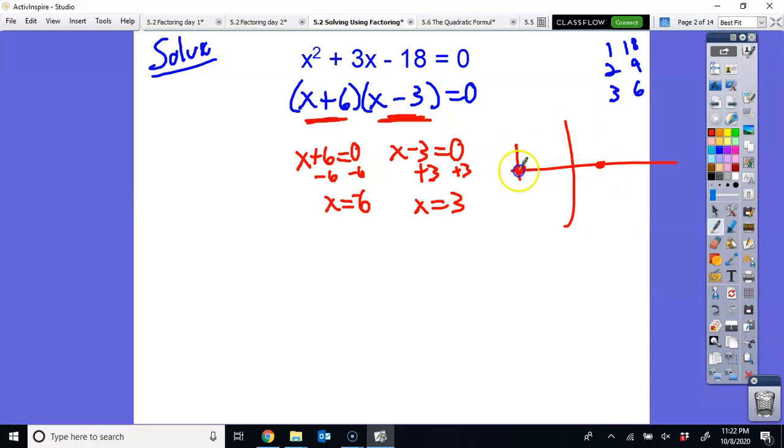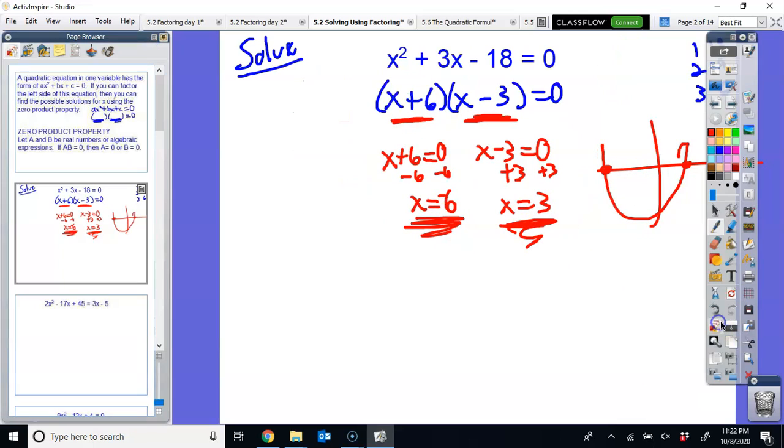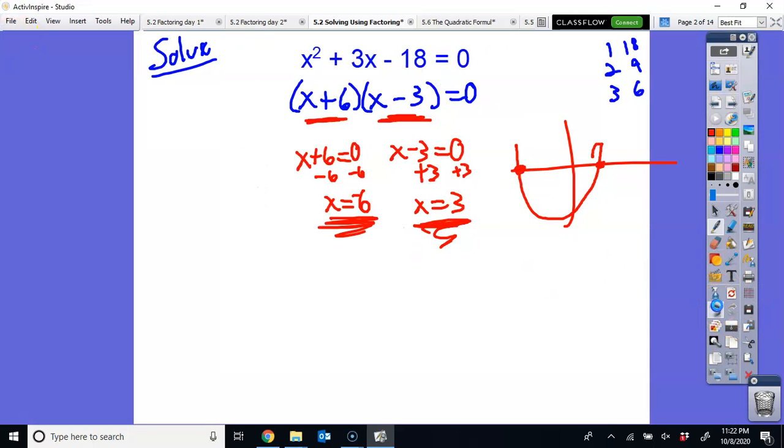Those are my intercepts of my graph. But I'm not trying to find the graph. I'm just trying to find what makes them equal 0. So I just found my two solutions to my equation here. Whenever you're dealing with this, it's that graph, that x-intercept that we talked about, that actually is the solutions to the equation.